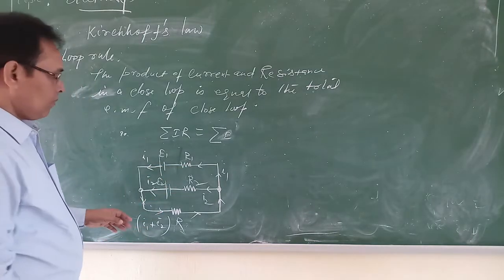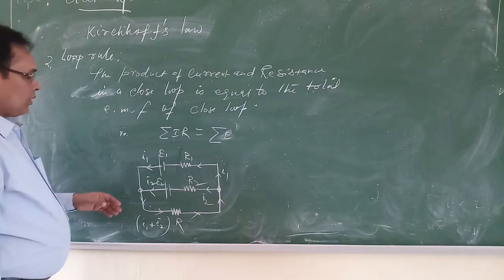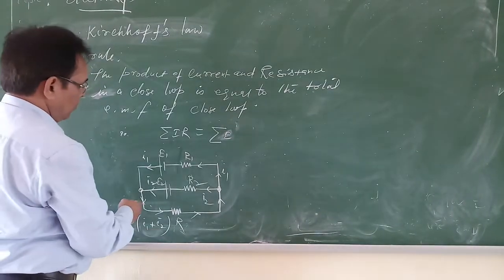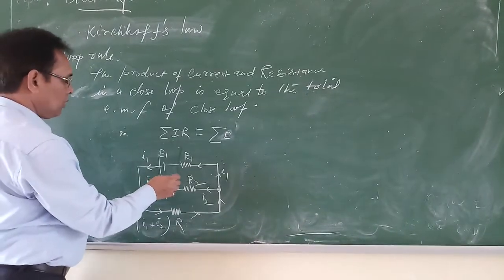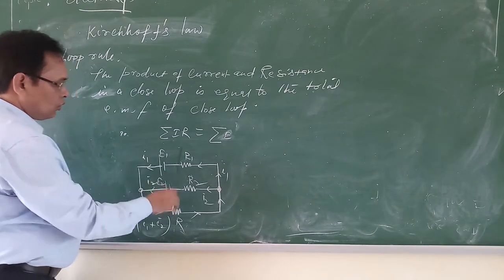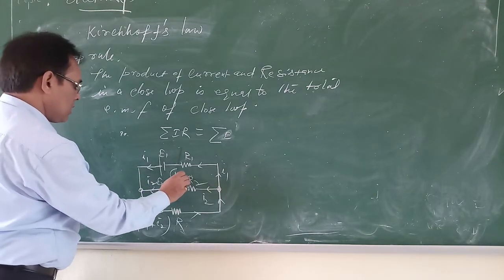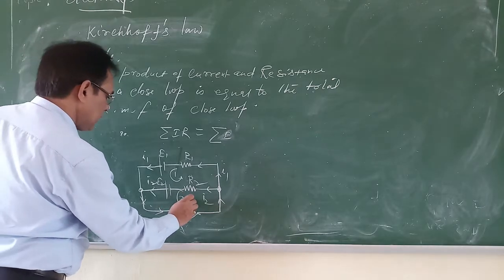After that, you use the loop rule. There are two closed circuits, this is one and this is second.